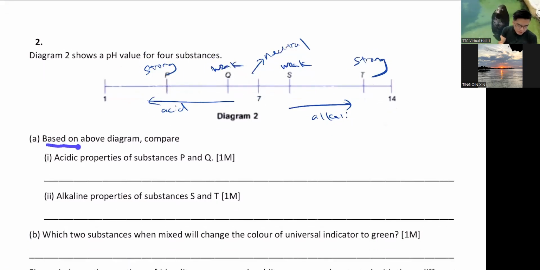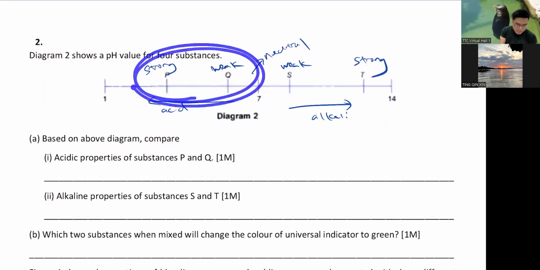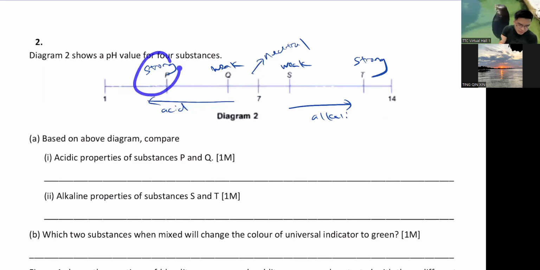So based on the above diagram, compare 它要你比较 acidic properties of P and Q，它要你 compare 这两个。Okay, so 怎样 compare 呢？P is strong，它要你 compare properties.